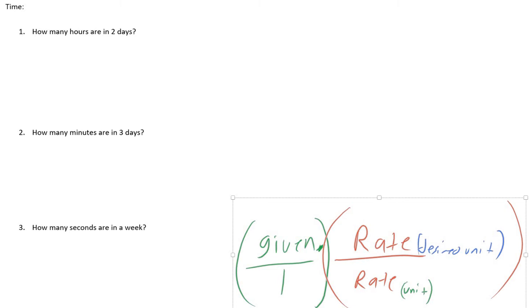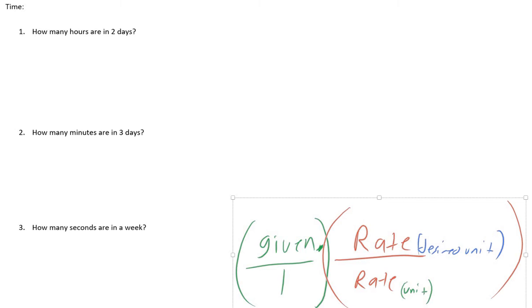All right, so number one, how many hours are in 2 days? The most important thing here to try to identify is which is going to be your given. Rates are always going to be identified by seeing things like miles per hour, meters per second, dollars per unit, something like that.